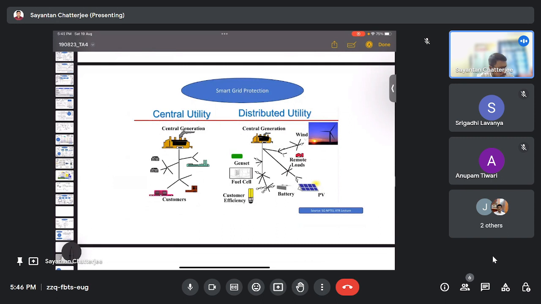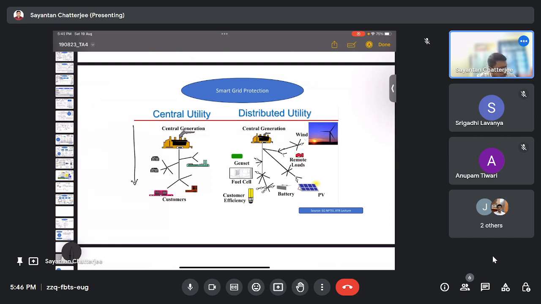And the last part is the protection aspect. Why is protection important for the smart grid architecture? Because in the central utility scheme, unidirectional power flow was maintained, from top to bottom.